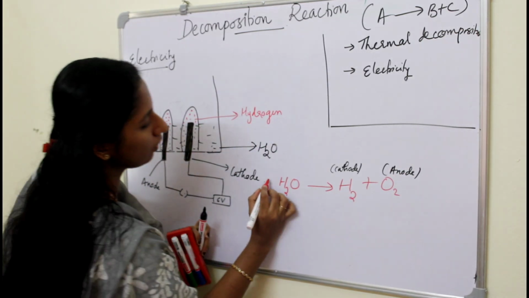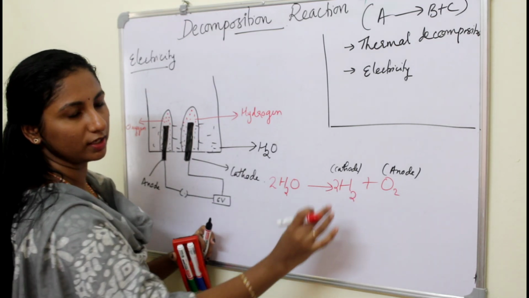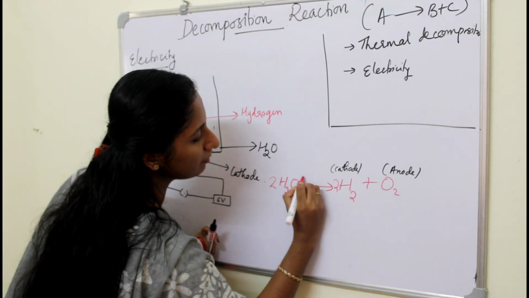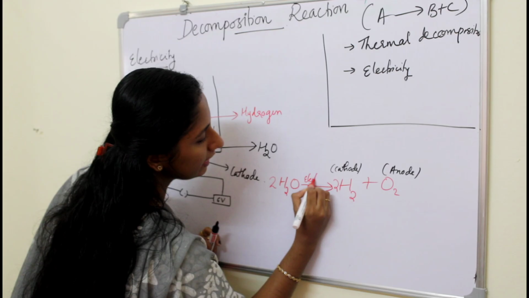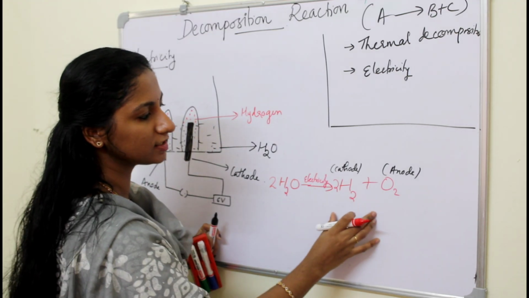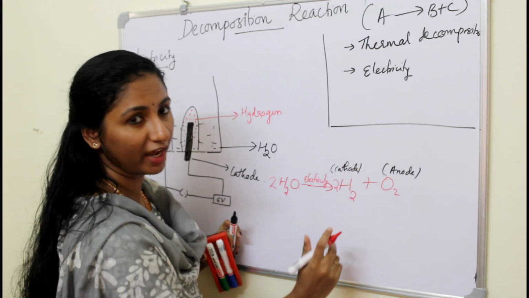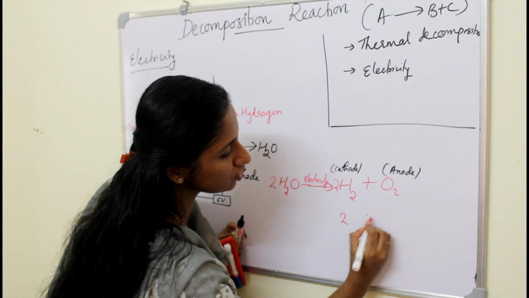So we are taking water and getting hydrogen and oxygen. This decomposition is done by the application of electricity. What is the ratio of gases formed at the cathode and anode? Actually 2:1, right?